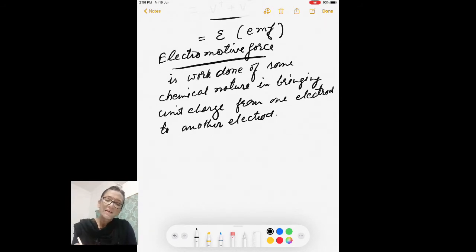So this is in a cell. In a generator you have this electromotive force of mechanical nature.